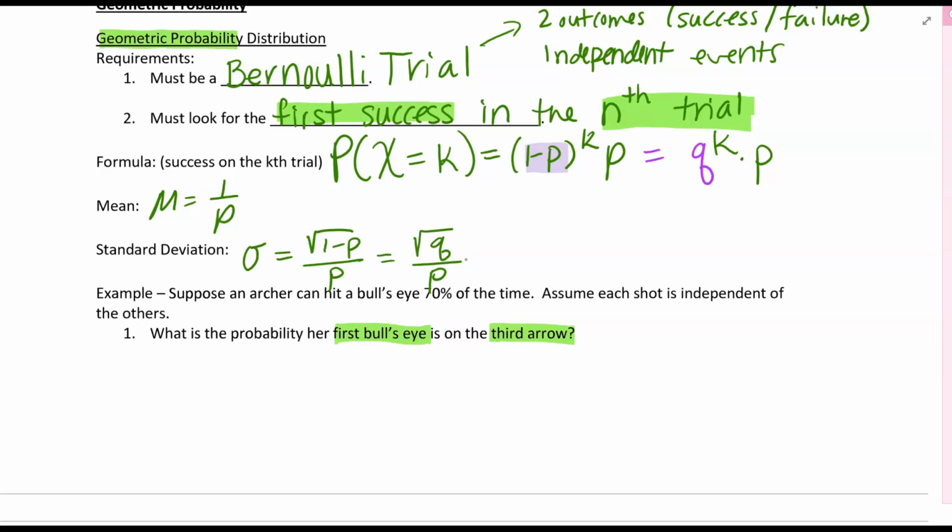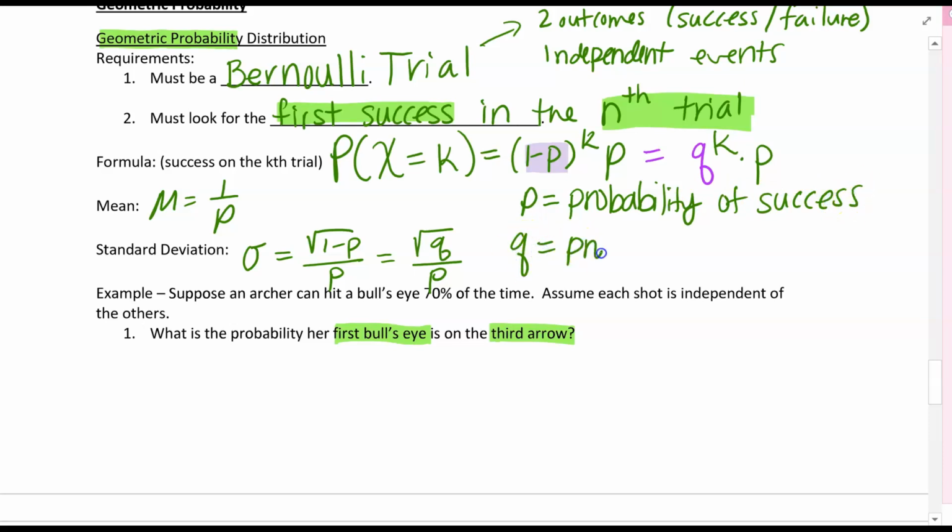All right, and as a reminder, what do P and Q stand for? P is going to be the probability of success. And then our Q is going to be the probability of failure.